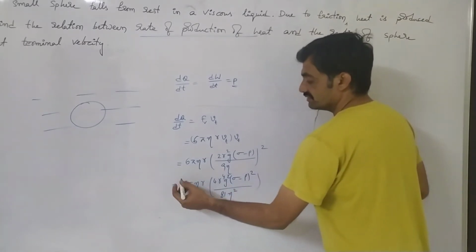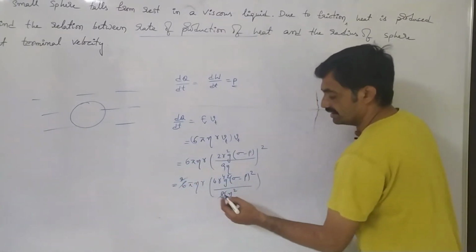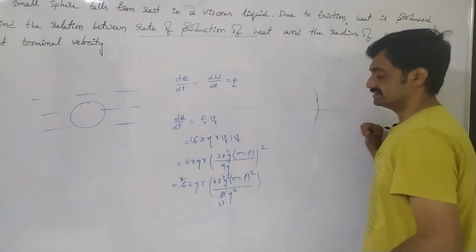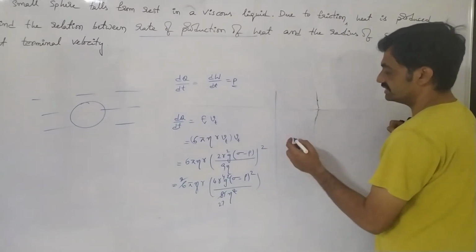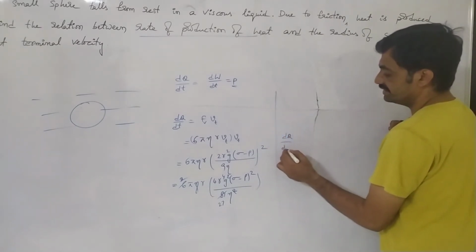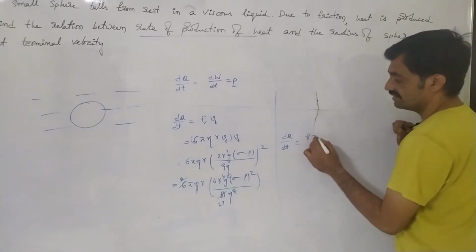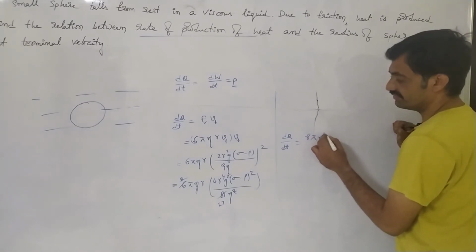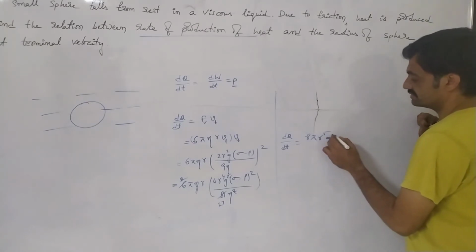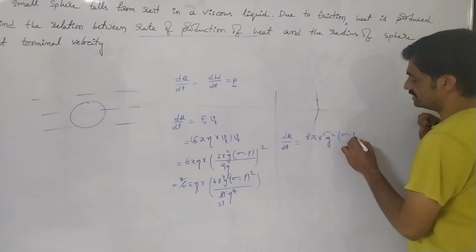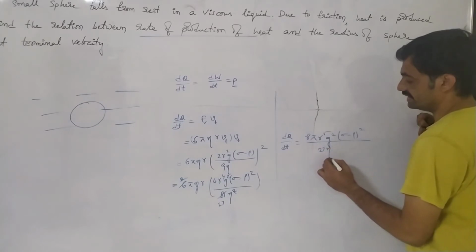So here when we cancel, 3 2s are 6... 27 3s are 81, and observe that 1 eta gets cancelled and the remaining terms are represented as dQ by dt equals 2 into 4 is 8 pi r to the power of 5 g square into sigma minus rho whole square by 27 eta.